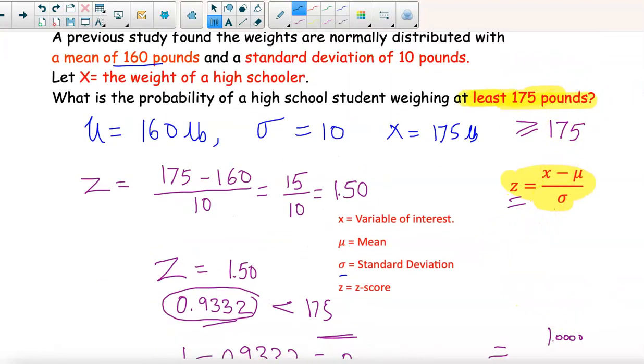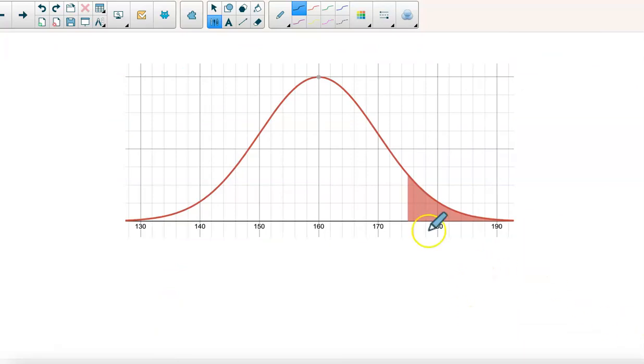Let me see if I have a graph for you. Yes, this is the graph that explains. So you have a mean of 160, right, with a standard deviation of 10, 160 plus 10, 170, etc. Now this is 175. And this side, what was the area you got just now?